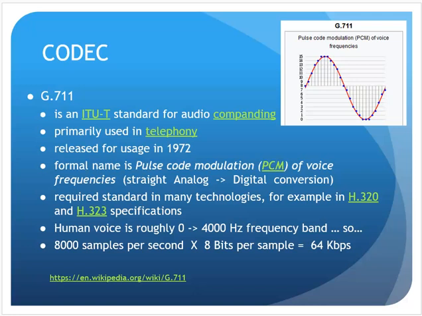As we work with our IP phones in the lab room, I'll have you look for this to see what is the system running. So G711, this is an ITU-T standard. Hopefully you remember, ITU-T is a subgroup of the UN. This is an ITU-T standard for IP telephony, released in 1972, and this is what's called pulse code modulation. It is straight analog to digital conversion.